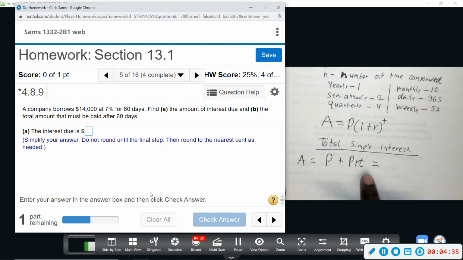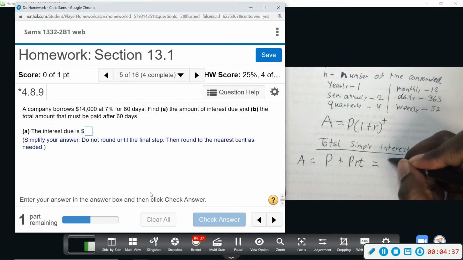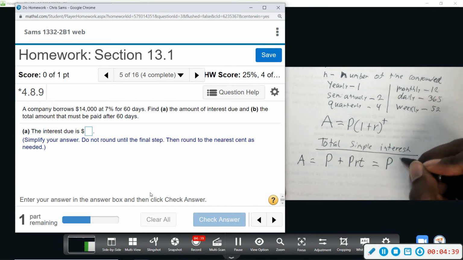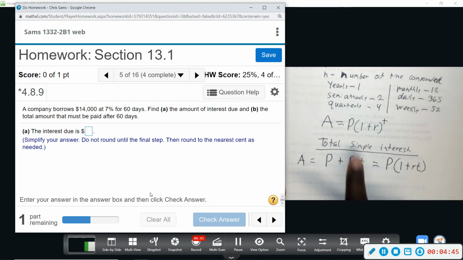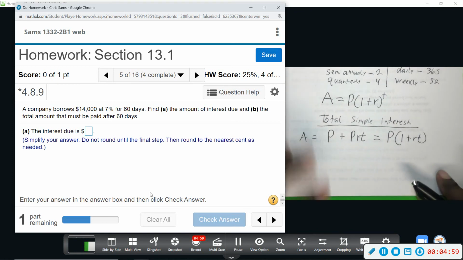Interest is PRT. If we factor out the P, this becomes 1 plus R times T. So it looks similar to this. Compound raises to the T power. This is just 1 plus R times T. So P distributed here. So you can do this or this.